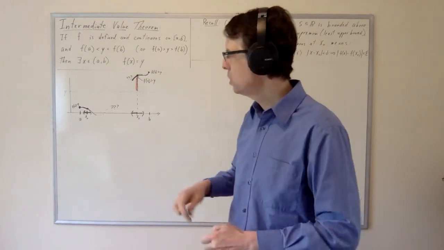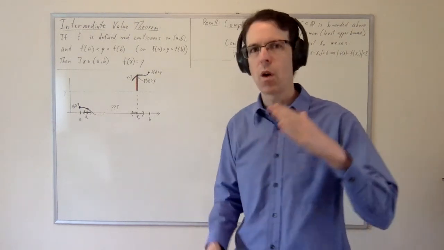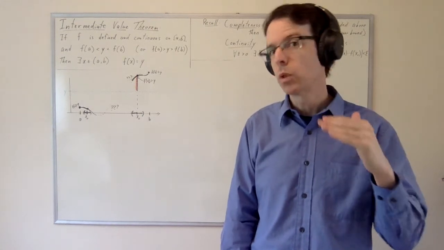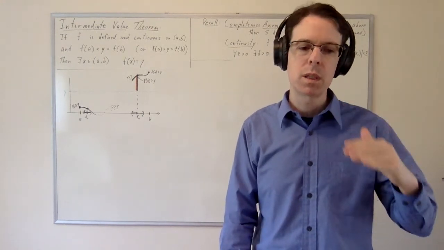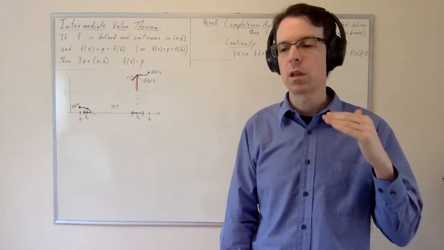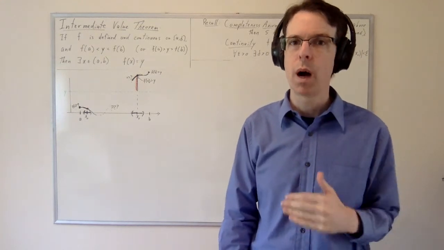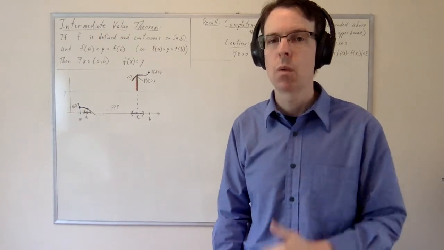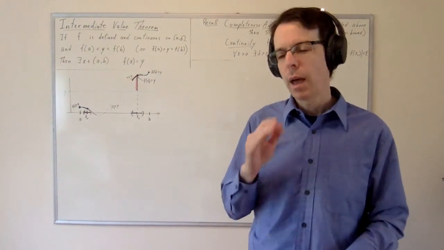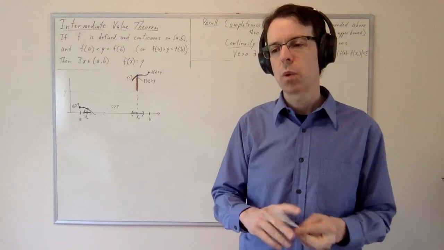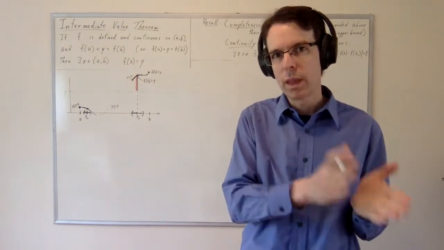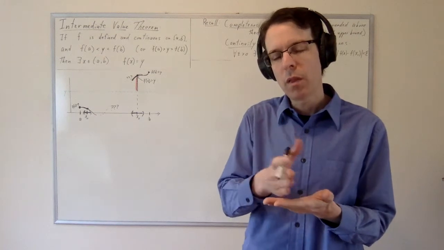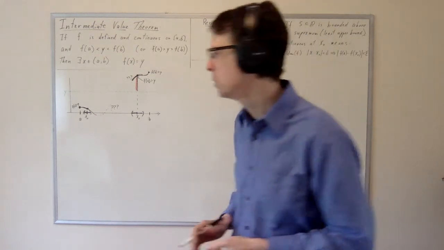And so what we're going to do is, instead of focusing on this condition, f of x is supposed to be equal to y, we're going to focus instead on the condition f of x is going to be less than or equal to y. In fact, we're going to focus on less than. F of x is going to be strictly less than y. And then we're going to try to identify the threshold between that set and its complement, so that we can find the x which is right in between.